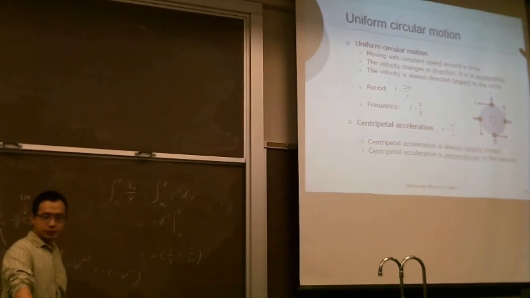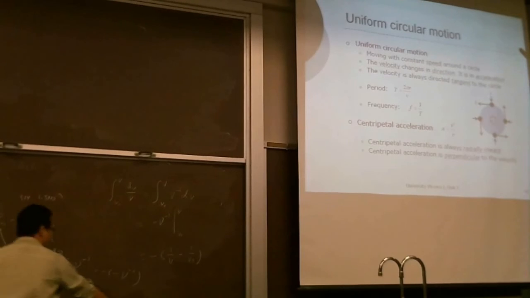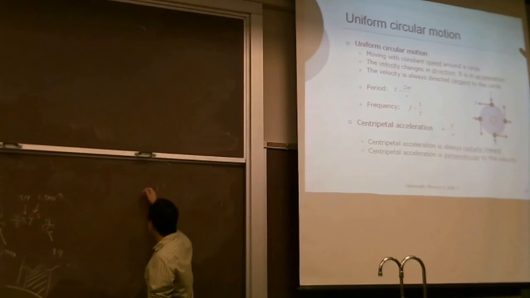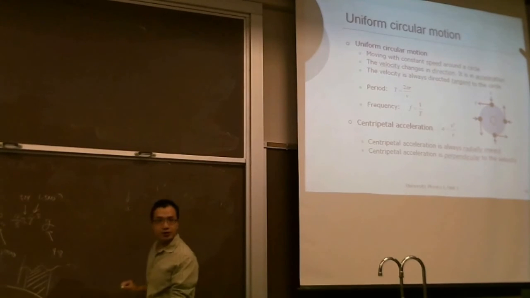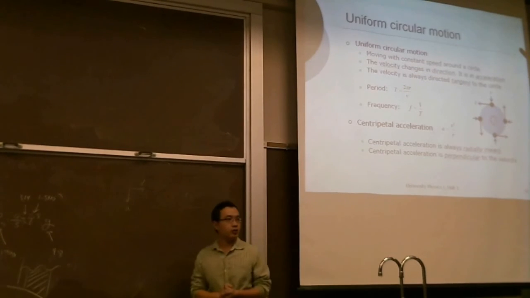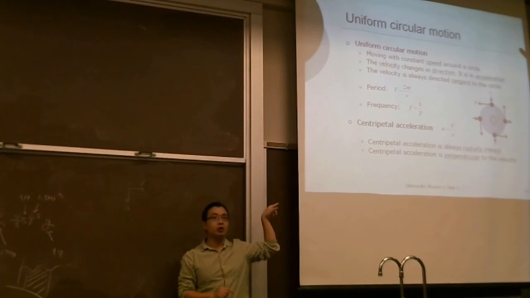Please note that we have the projectile motion. Initially, the acceleration is in this direction. If we're talking about horizontal projectile motion, the velocity is in this direction. So at this point, it's very similar to circular motion.